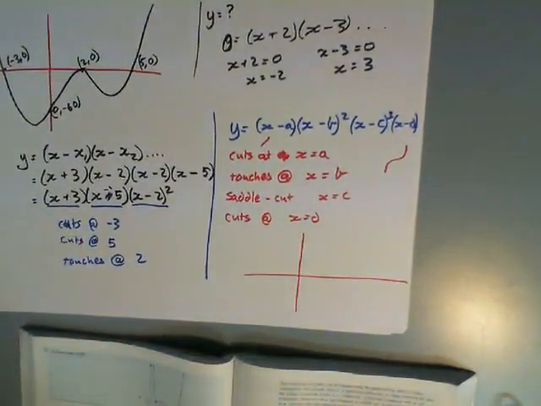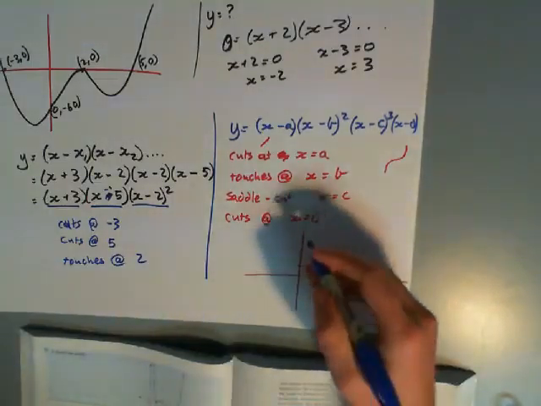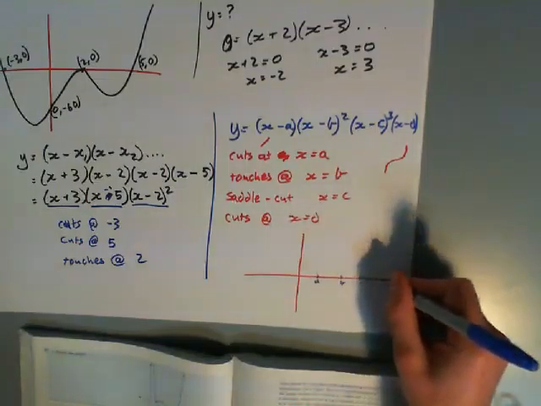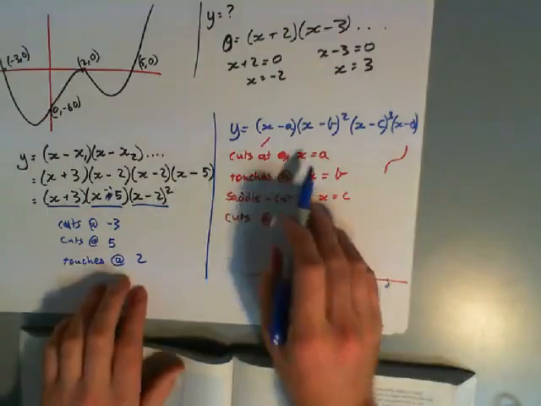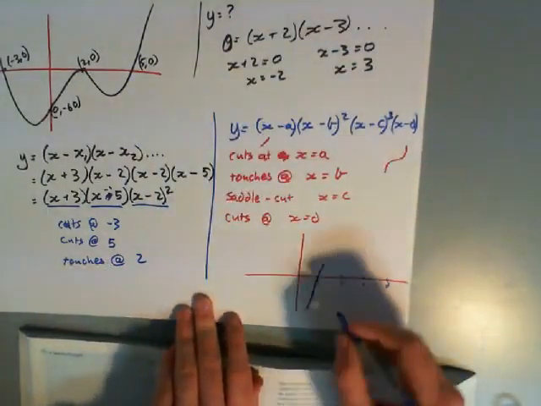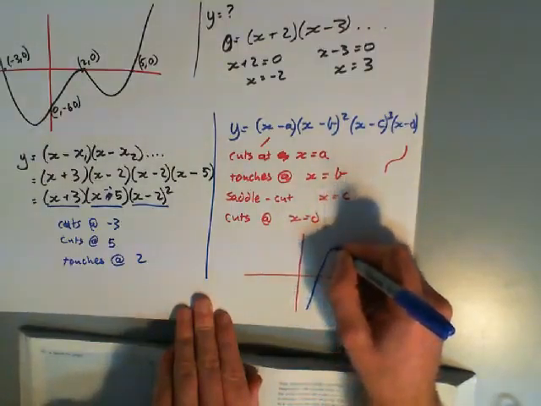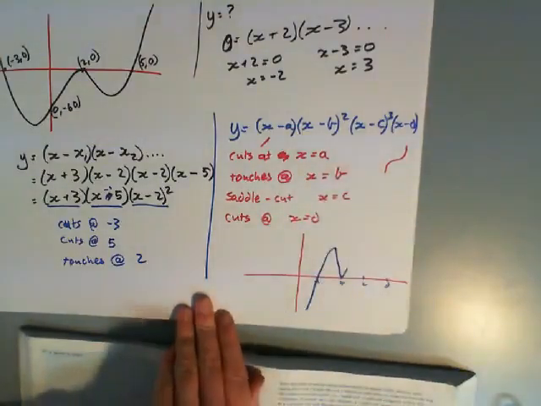Okay, just finishing off that little bit there. So we've got a set of axes. I'm just going to show what it means. So we've got A, B, C, and D. So point A cuts it. So we go across it. Point B, it touches it. So if we start from the bottom and go up, we touch it and then go back up again.